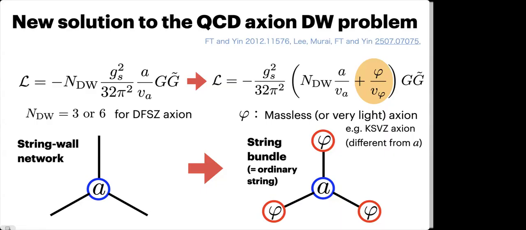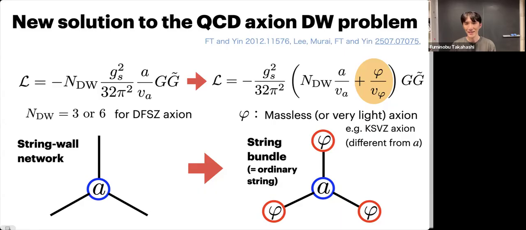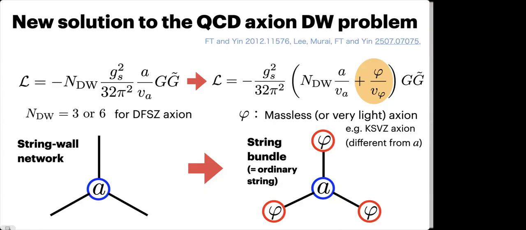If I may, I have one very associated question. Yes, please go ahead. So here, if it was very crucial to have a phi field with domain wall number 1 to solve the domain wall issue, then how does the scenario become more generic or of more merit compared to the scenario where we have just a single axion field with domain wall number 1, where we don't have the domain wall problem?